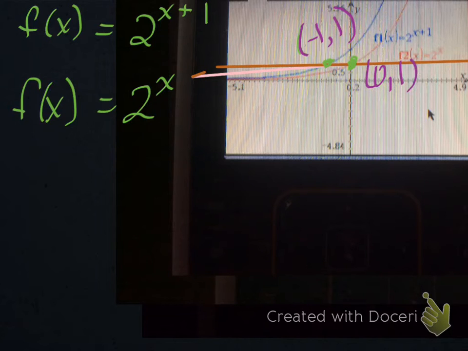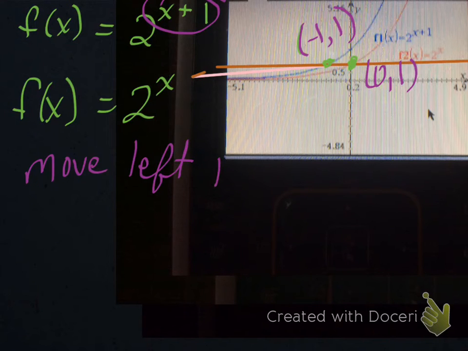What did adding 1 to the exponent do? It didn't change the slope. It moved it to the left. Because we're looking at it from a different perspective and this line keeps growing, it almost appears as if the slope changes. It doesn't. It just shifts left. So this caused us to move left 1.